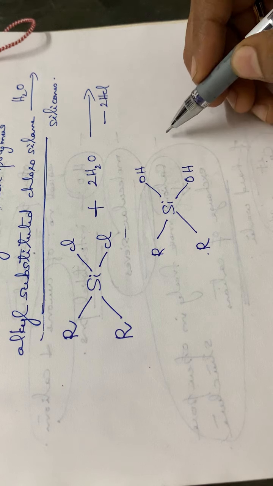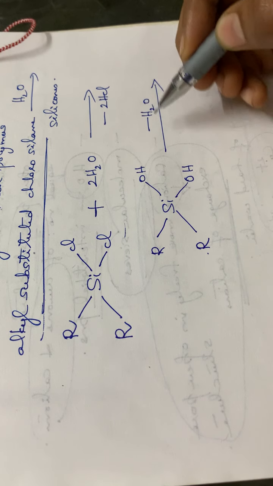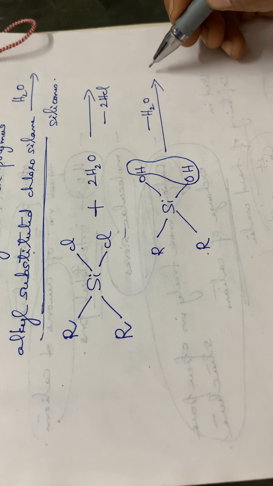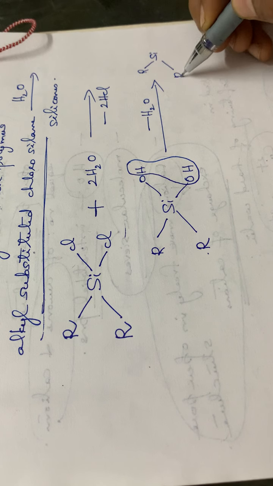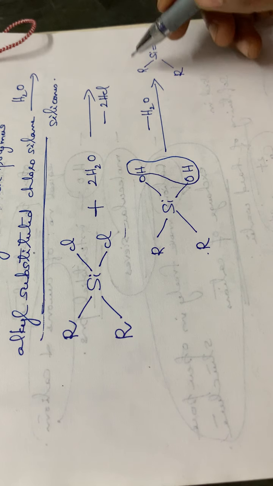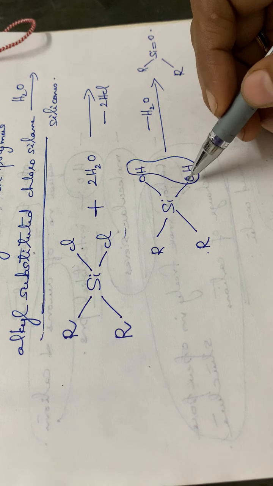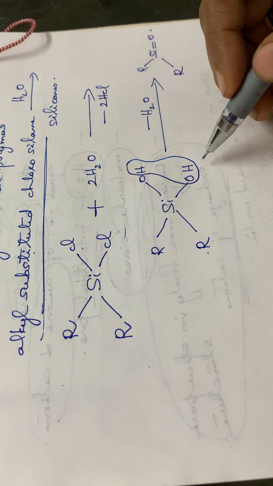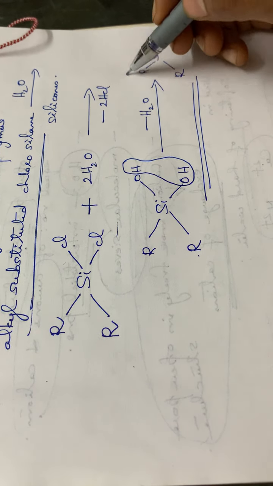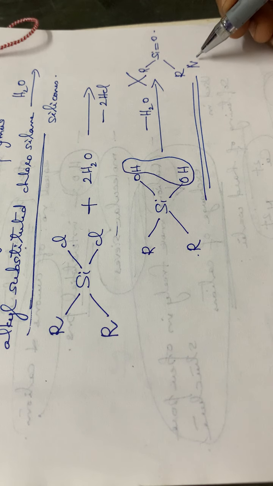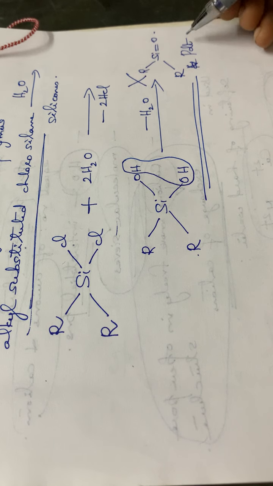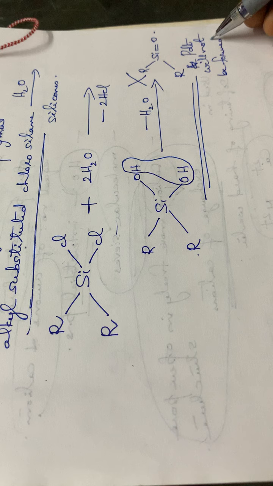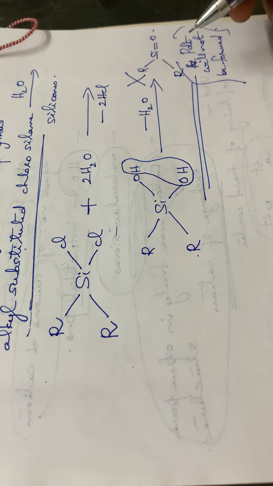Normally in organic chemistry, if two OH groups are attached to one carbon atom, we remove one molecule of water and write the product as R2Si=O. But in this case, this type of reaction does not happen, that means this type of product will not be formed.